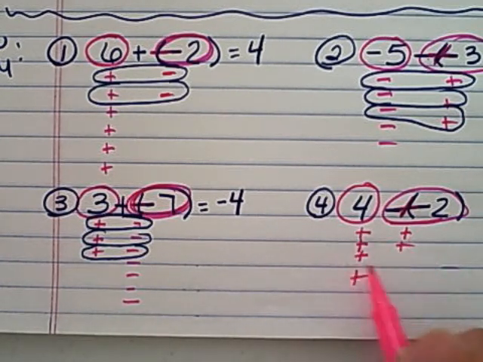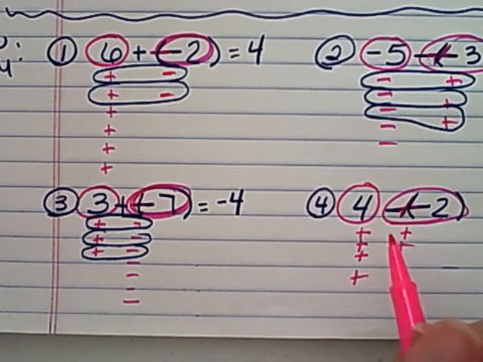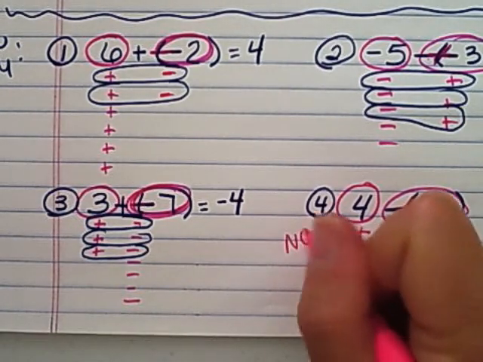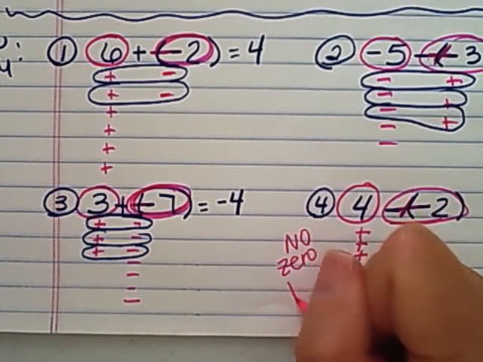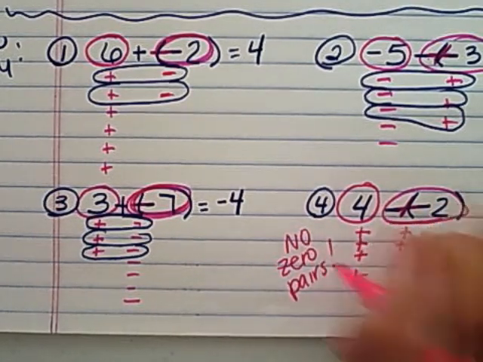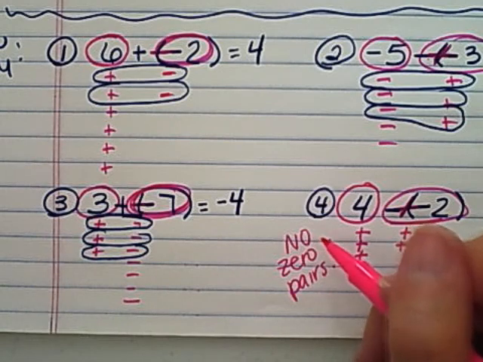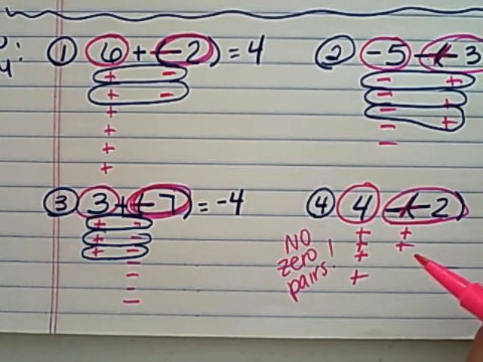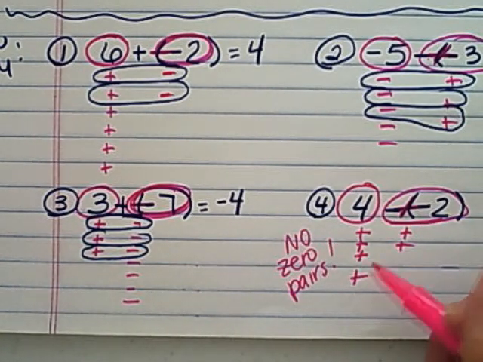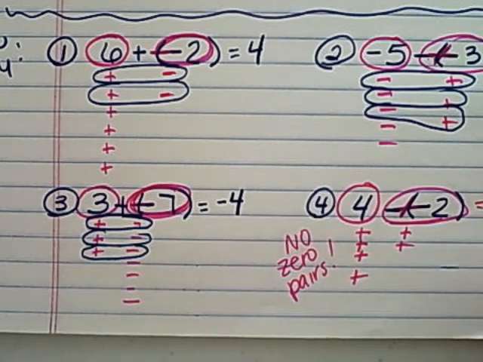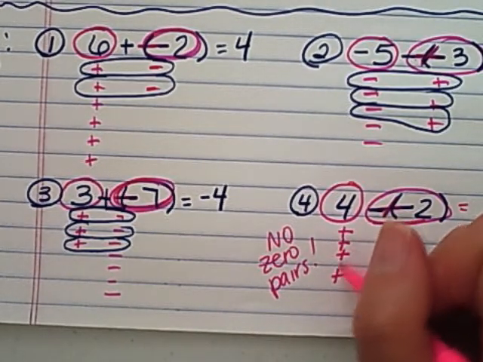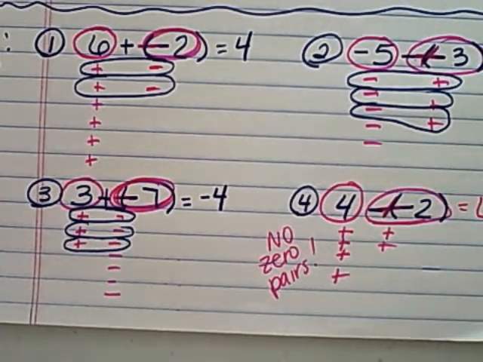These are a whole bunch of positive numbers. Nothing is a 0 pair. So we have no 0 pairs. I like to write that because it reminds me not to circle anything and not to start doing that in my head, because I start doing a lot of this in my head otherwise. So we have 1, 2, 3, 4, 5, 6. So my answer is 6.